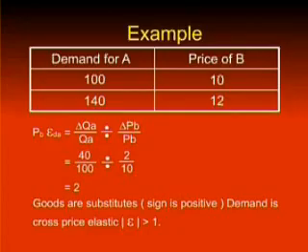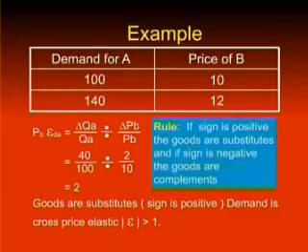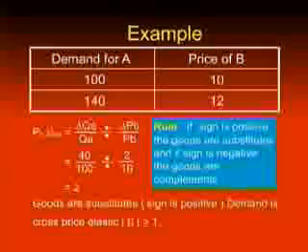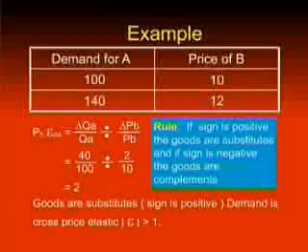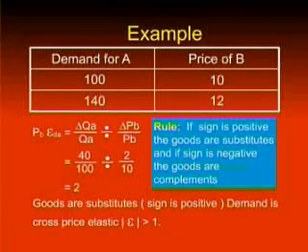Now the calculation here enables us to state the third rule of elasticity, and that is that when the cross price elasticity is positive, goods are substitutes for each other, whereas when the cross price elasticity is negative, goods are complements of each other. An example of that would be, yes, petrol and cars.